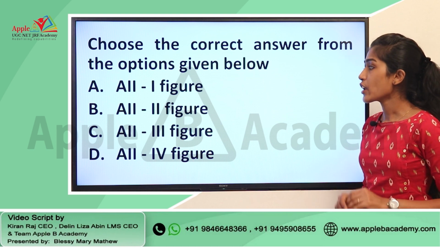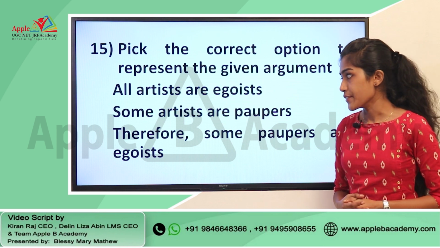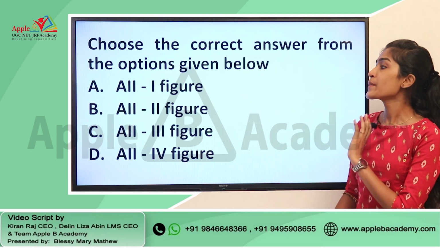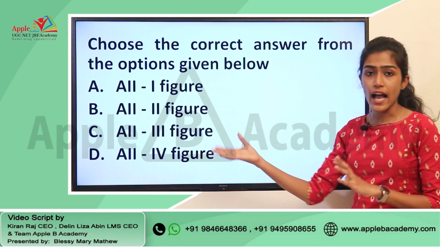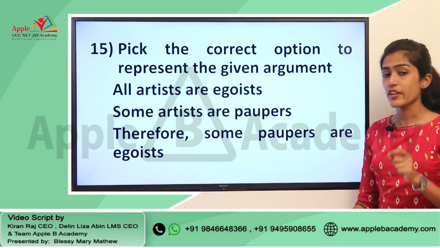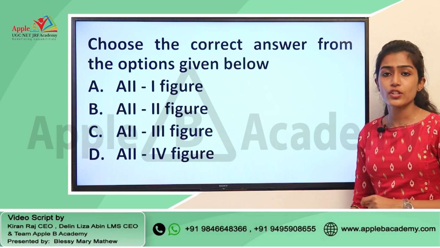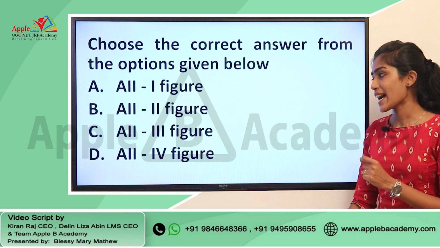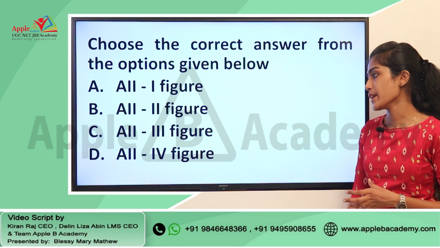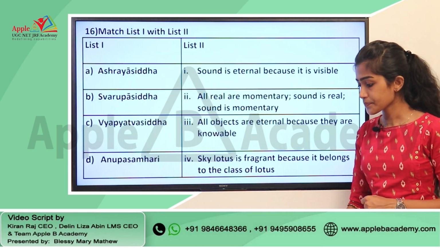So, we have to find out the mood and figure of this particular argument. First and foremost we have to find out the mood. Anyway, all the options have the same mood given as AII, and then we have to find out the figure of this particular argument. Anyway, the right answer for this question is option C, AII is the mood and it is the third figure, or this particular argument is in the third figure. So, that is option C.